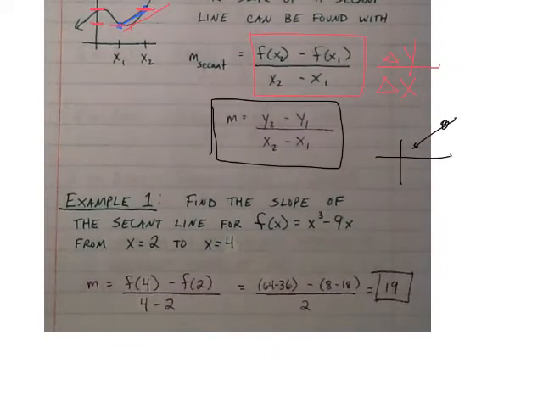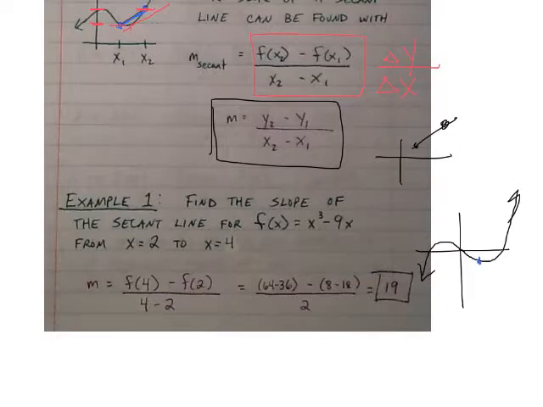Find the slope of the secant line for f of x equals x to the third minus 9x from x equals 2 to x equals 4. So this graph looks something like that, and we want to find the slope from 2 to 4.